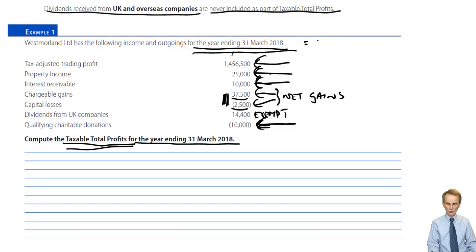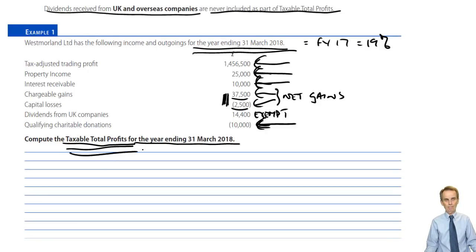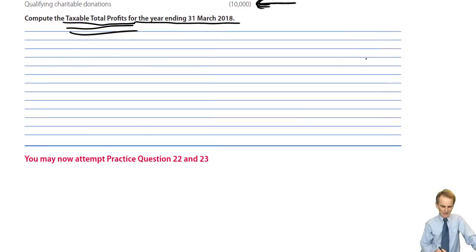That therefore is all in one financial year, FY17, and that therefore equals a 19% corporate tax rate that you'd apply to your TTP figure. But have a look through, make sure that you are happy with that. Go back over again, make sure that you're happy with it, and attempt those practice questions there to become more familiar with the preparation and presentation of the corporate tax computation.